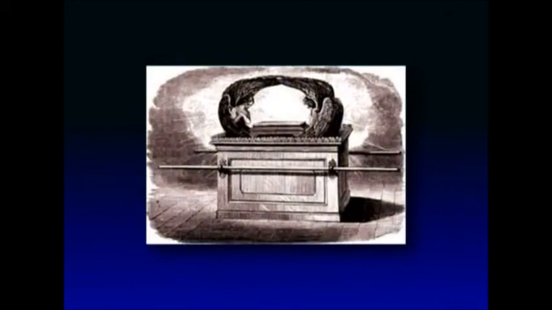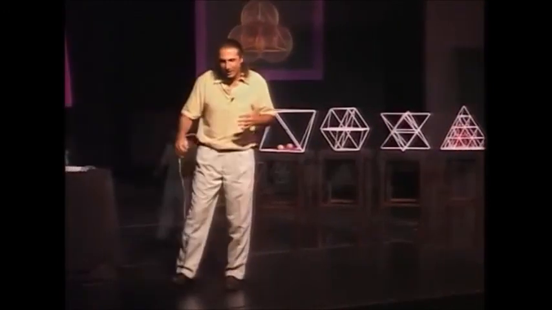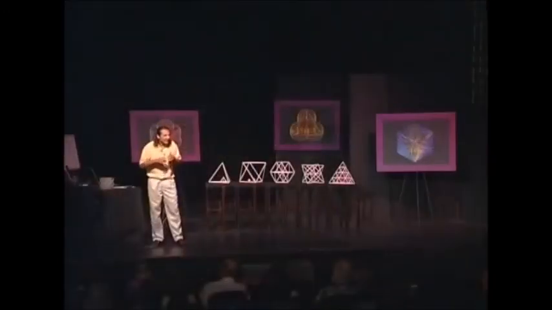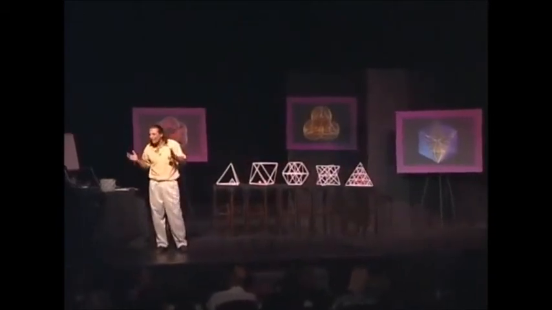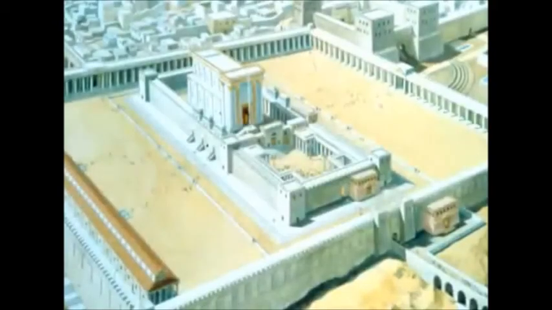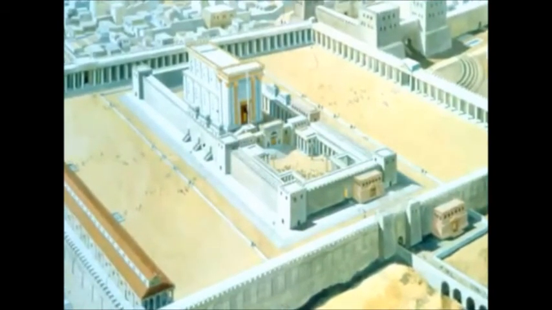And they weren't kidding about that. When you read the Bible and what archaeologists find, they actually built one of the largest temples in the world, the Temple of Solomon, to put this object in the middle. It was a very large temple with extraordinarily large stones.